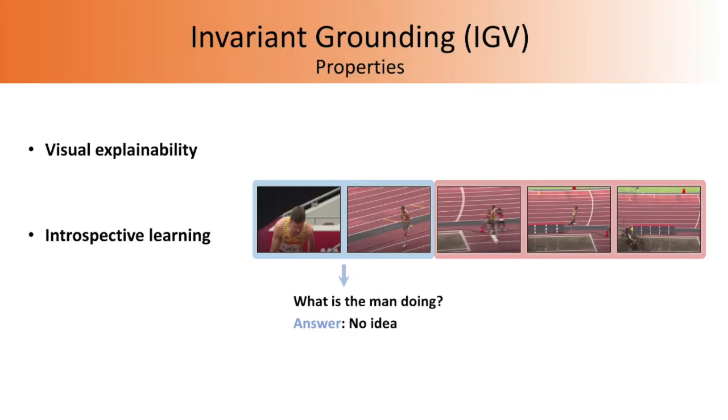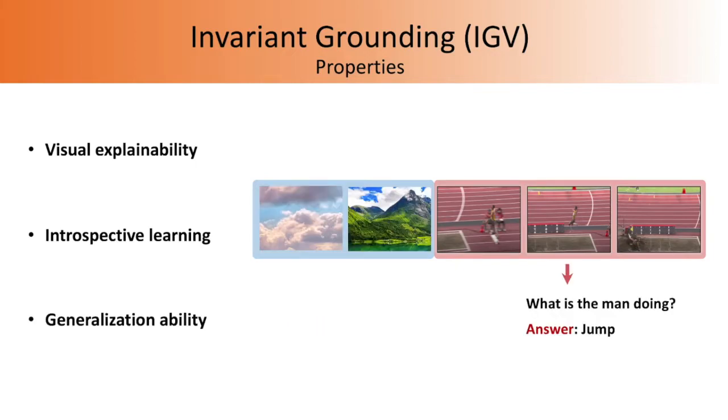In other words, it should fail to answer the question if the causal scene were removed. It should also have the generalized ability to respond to the change of the spurious correlation, as the spurious correlations are poorly generalized to open world scenarios. The model should instead latch on the causal visual linguistic alignments that are more stable across different environments.